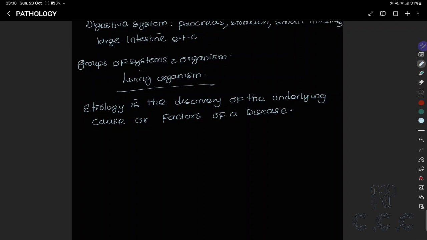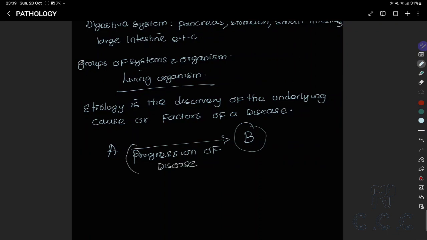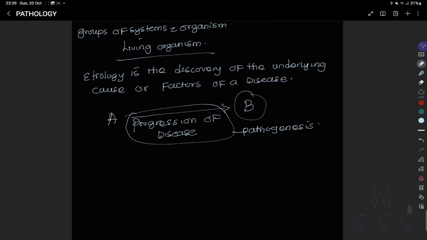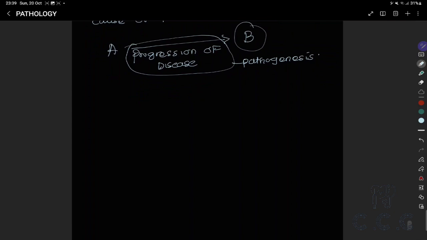That progression from point A to point B, this progression of disease, is called pathogenesis. So, to define it more accurately, pathogenesis is defined as the study of the progression of a disease.